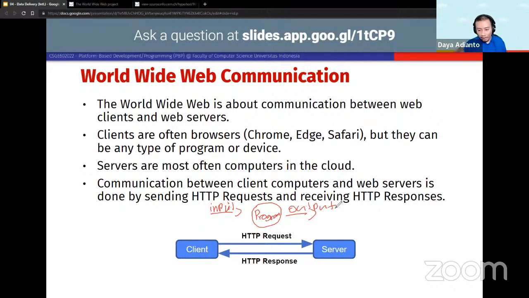Now, similarly, when you are developing a web application that is accessed from the web browser, you can view it in this way. So your client here is a program, and the server is a program as well.